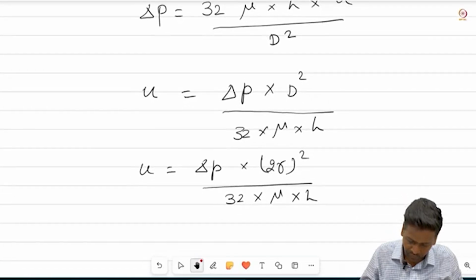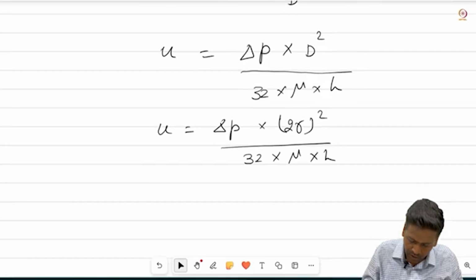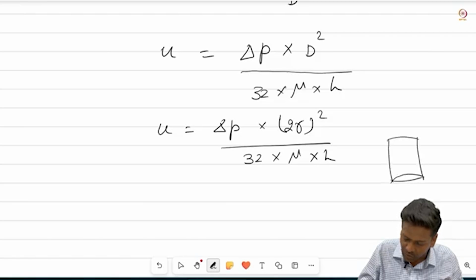All right. So remember, we're talking about not one radius of capillary tube. If you look at this, the capillary tube, you will have the porous bed.